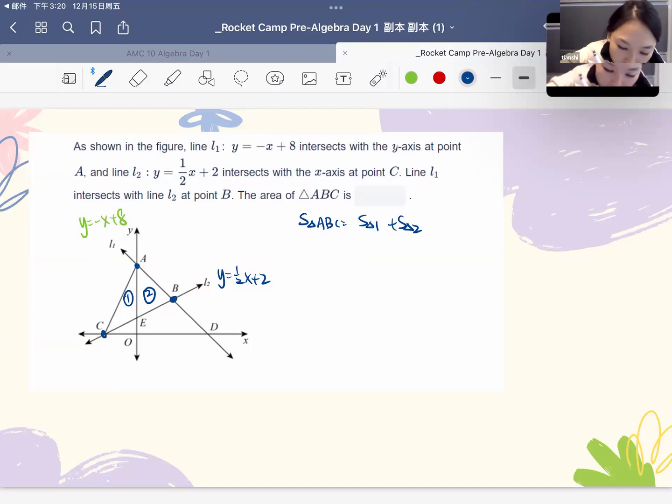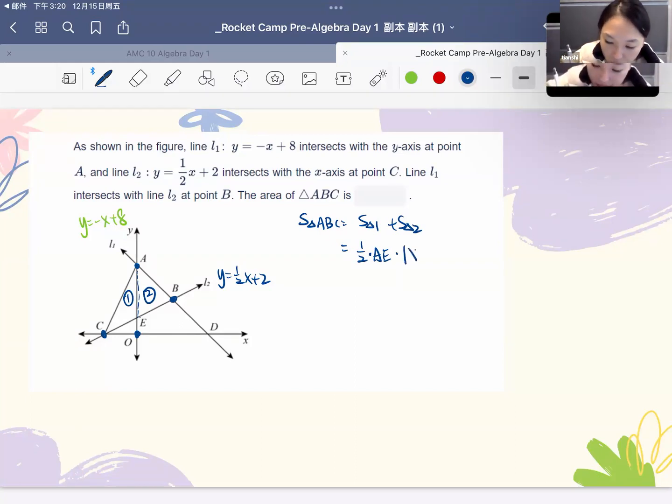So the base is just the length of AE, right? So it should be a half times AE. And what about the height? What is the height for triangle ACE? It should be the absolute value of the x coordinate for C, right?